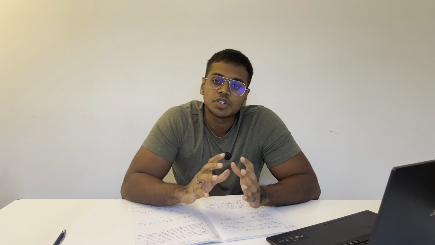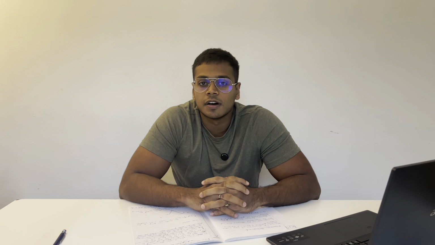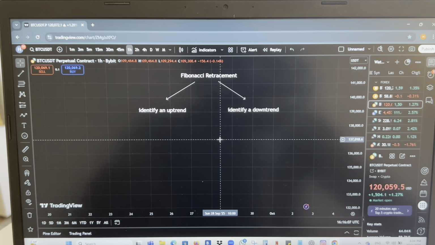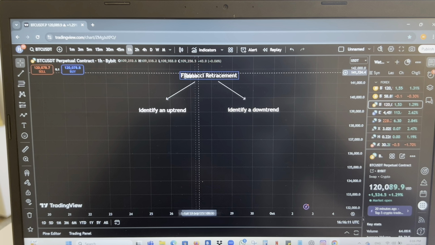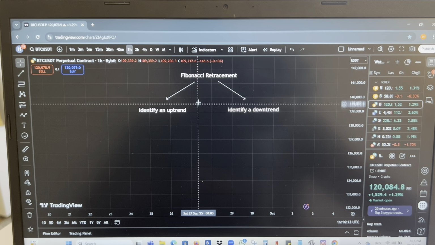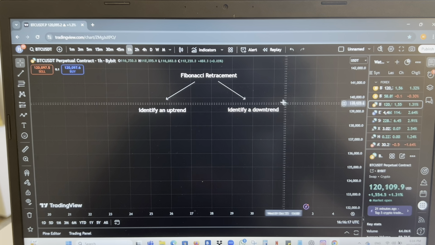And I will show you guys a sketch beforehand, and then we'll go to the live examples. Just like I told you guys earlier, the Fibonacci retracement tool can identify two scenarios: an uptrend and a downtrend.